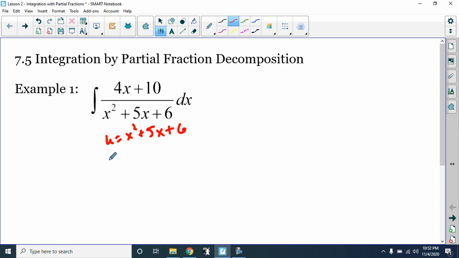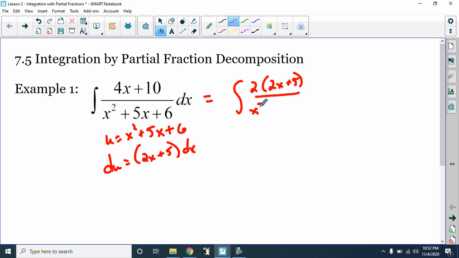Hopefully that's what you did, right? And then our du is 2x plus 5 dx. And this problem is set up so that if I factor this, I have that 2x plus 5 dx is in my problem. I can take out that 2.